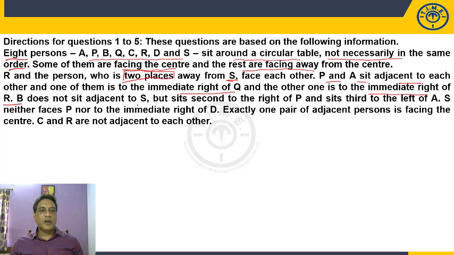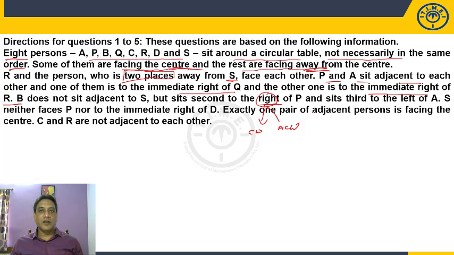B does not sit adjacent to S but sits second to the right of P. But one more thing. Here, what is right? Right side and left side. What do these right and left sides mean? We do not know anything. Maybe clockwise, maybe anti-clockwise, because we do not know whether the person is facing the center or away from the center.